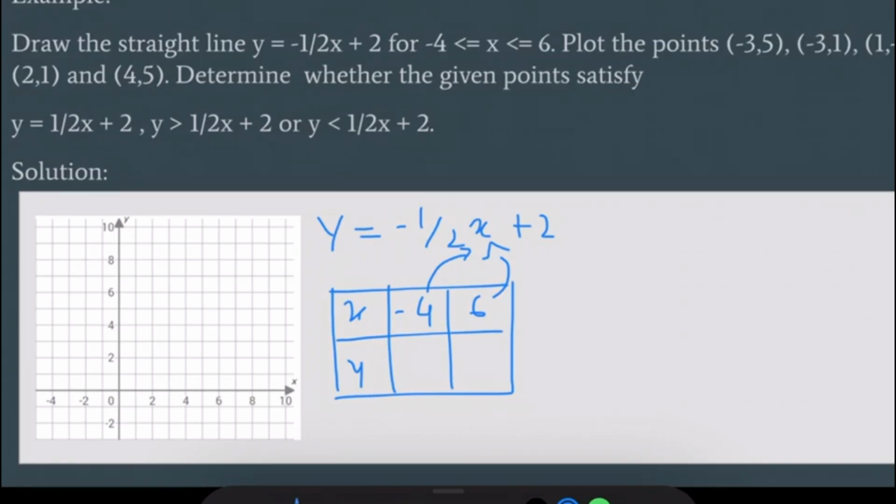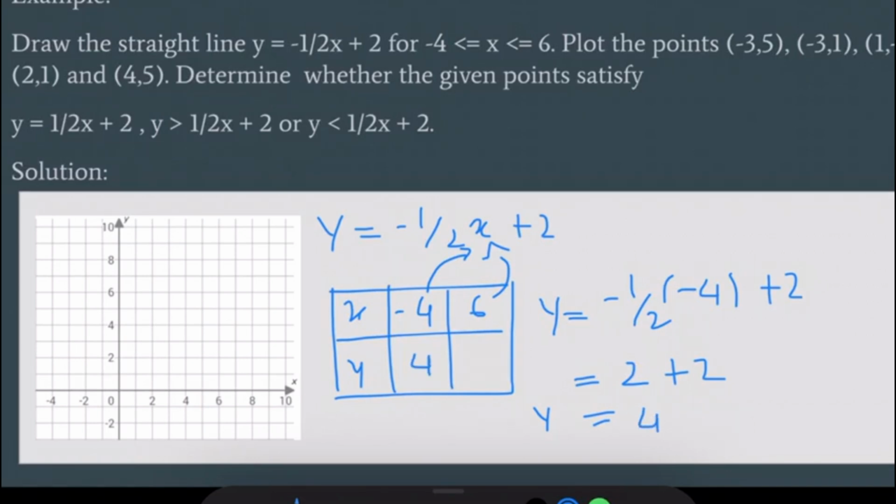Using negative 4, y equals negative 1 per 2 times negative 4, plus 2, is equal to 2 plus 2, which is y is 4.